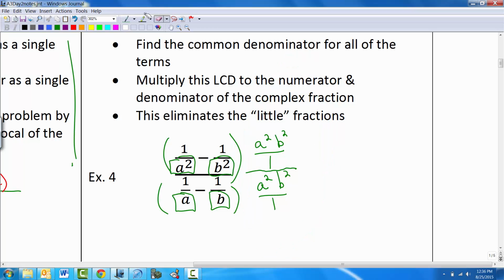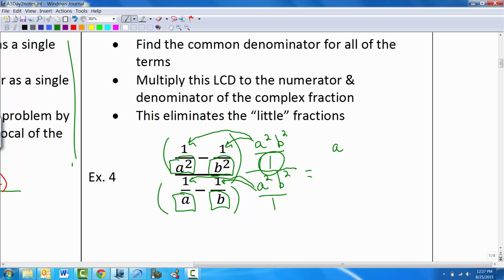Second thing, when I distribute this, I would hope you would skip this next step. These a squared, b squareds go in the numerator of the small fractions. How do you multiply fractions? You multiply the numerators and multiply the denominators. That's why I wrote an over 1, so that you understand 1 gets multiplied by a squared.